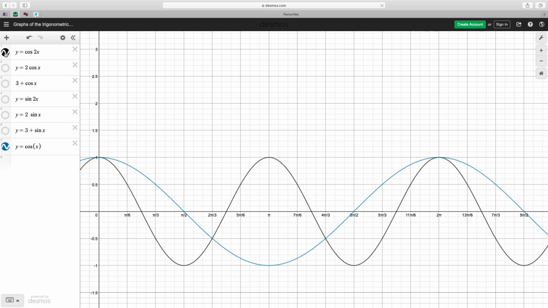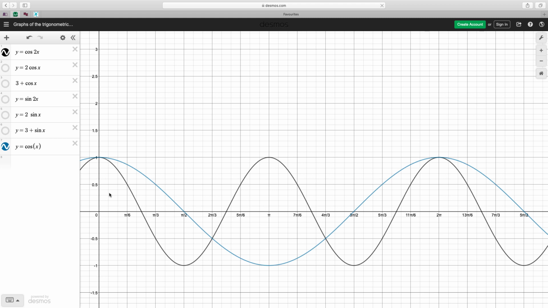So, the cos of 2x then, once again, what does the number in front of x affect? The period, exactly. So it doesn't revolutionize through 360 anymore, it goes through 180. You can see it goes up, down, back up, one every 180.